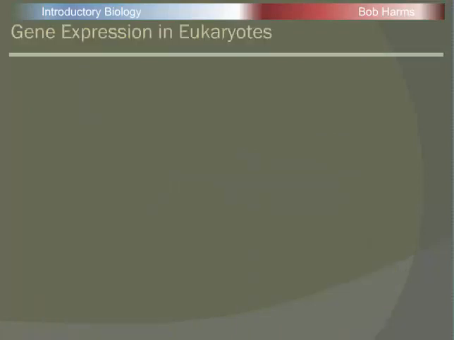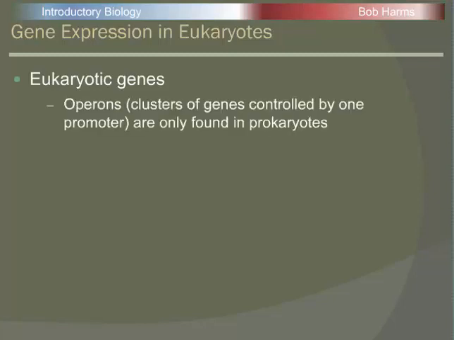We mentioned the lac operon in prokaryotic cells, groups of genes regulated by a single promoter, operator system and repressor. But our eukaryotic cells are a little more complicated. We have a lot more DNA, many more genes, a nucleus, and so on. What we see right away is that we don't have operons.